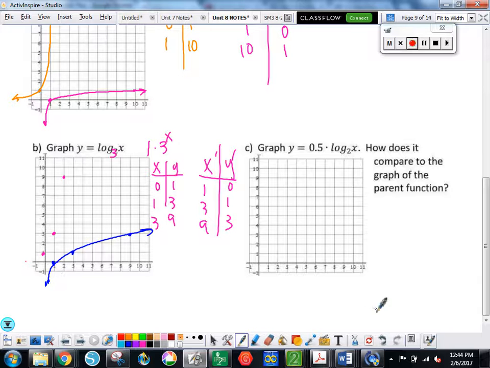Sorry, I'm standing in the way. I changed the parent graph. I changed what we were doing to a 3. Sorry. So this changed this one to a 3. We're looking at this here. Did I screw up?